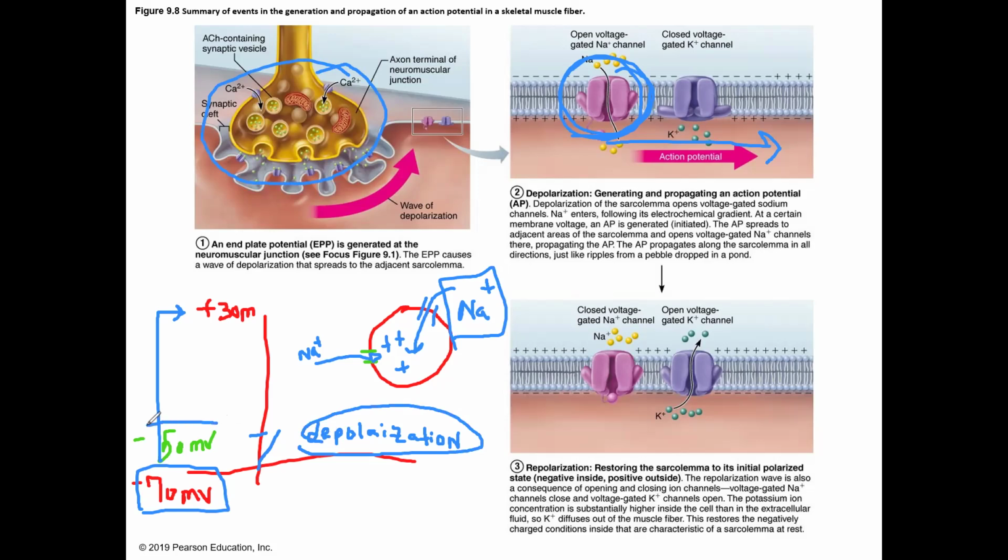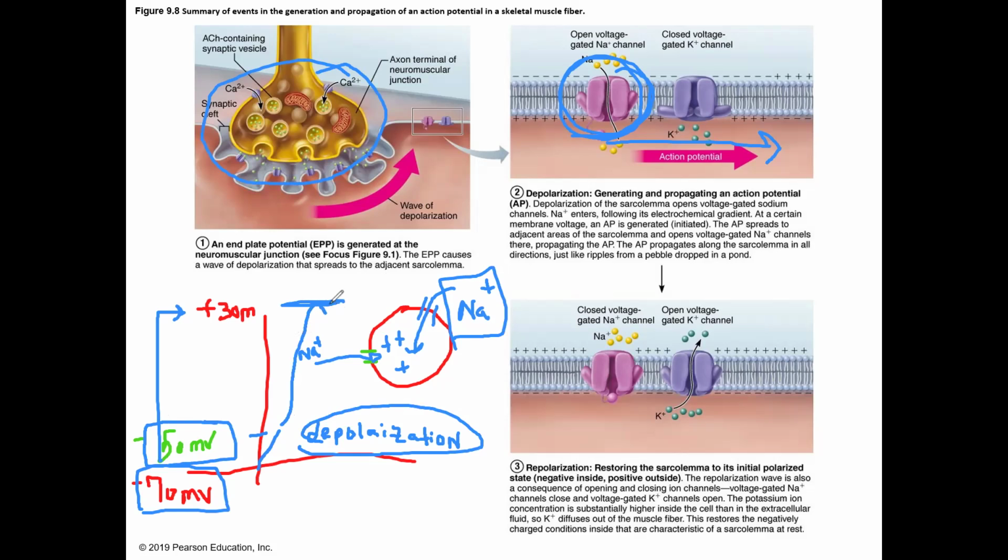Once I reach a certain threshold, a change of the voltage, about minus 50 millivolts, then voltage-gated channels for sodium will open, indicating they only open up when you reach a certain voltage. When one opens, they all open, creating what's called your action potential. A brief reversal of the inside from minus 70 to positive 30 millivolts.